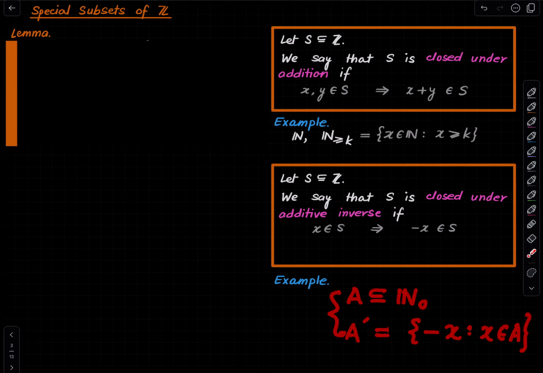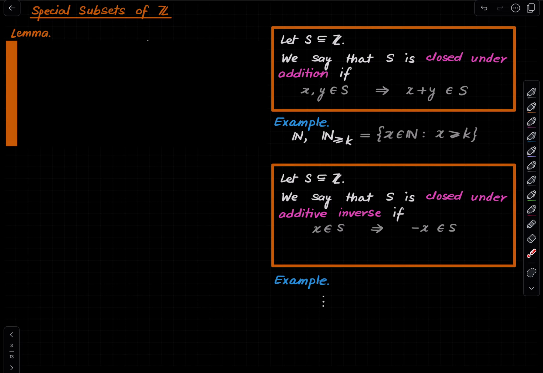Those are precisely the subsets which are closed under additive inverses. I think that should be clear. So here I don't want to write anything. Right, so these are two special kinds of subsets of integers, and there is very little mystery to them.